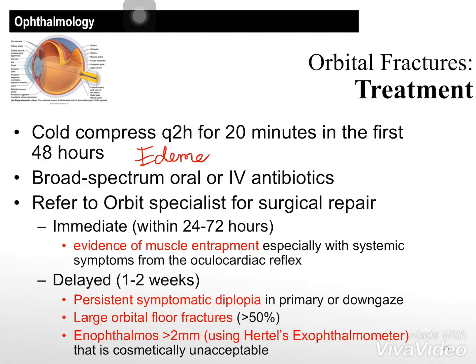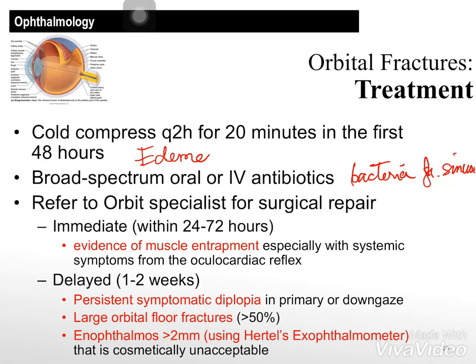Give broad spectrum oral and IV antibiotics. Why? Because you assume that there is bacteria from the sinuses entering the orbit. Refer the patient to an ophthalmologist, more specifically to an orbit specialist.